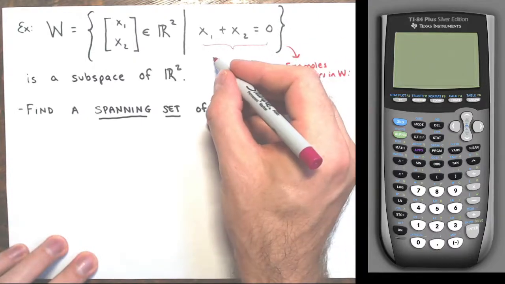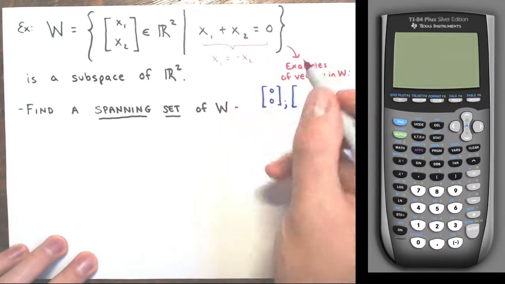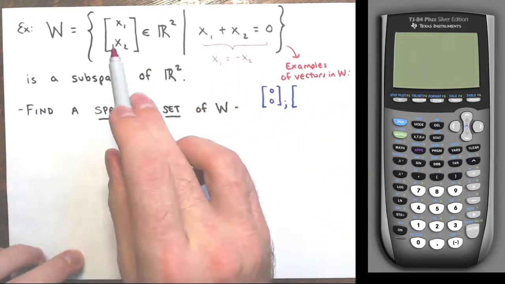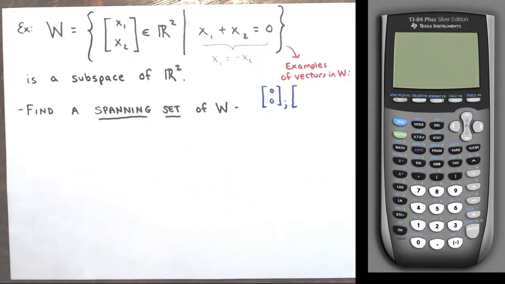Say x1 needs to be equal to the opposite of x2.